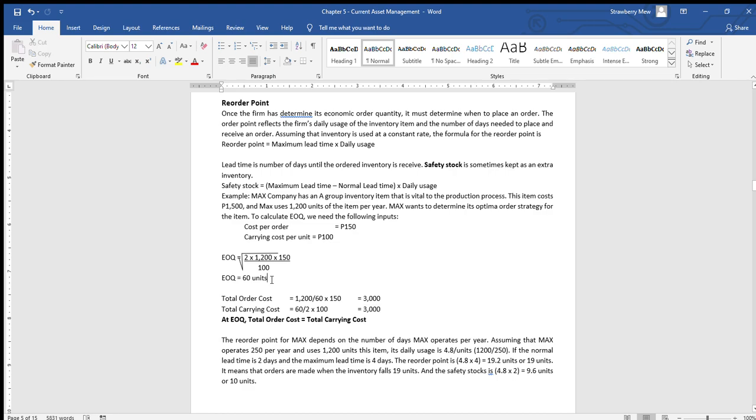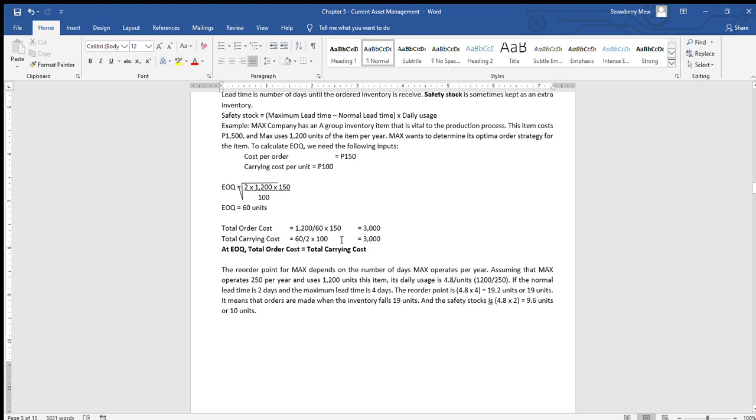Kapag naman mas maliit kaysa sa 60 units, the total order cost will increase pero yung total carrying cost naman will decrease. Okay, so ganun yung ibig sabihin nun.